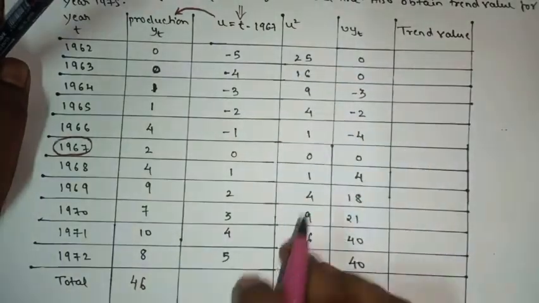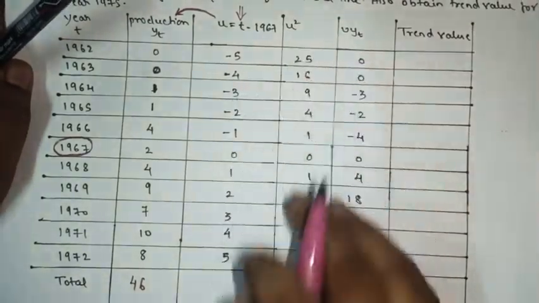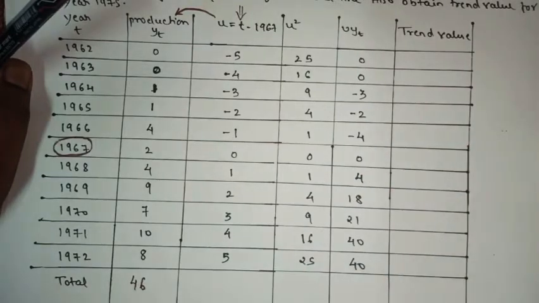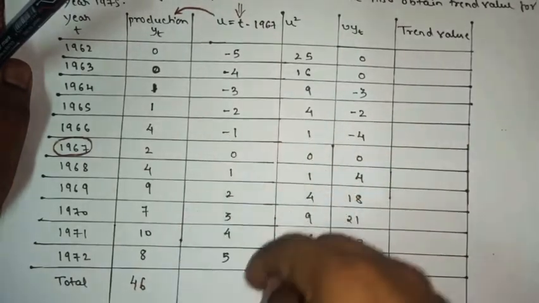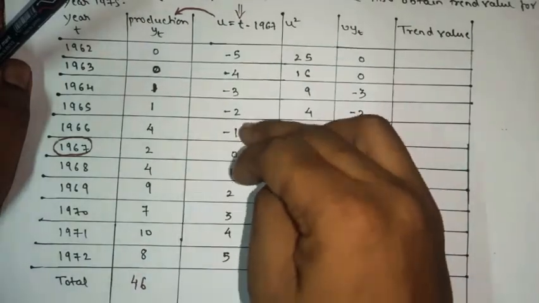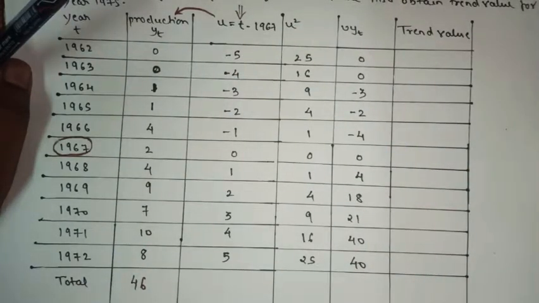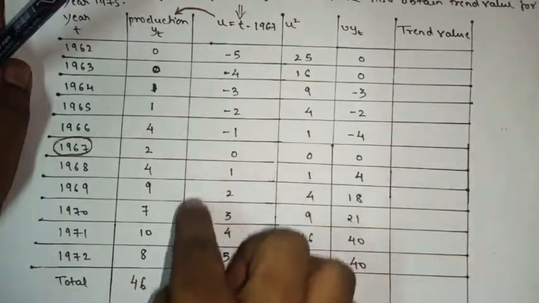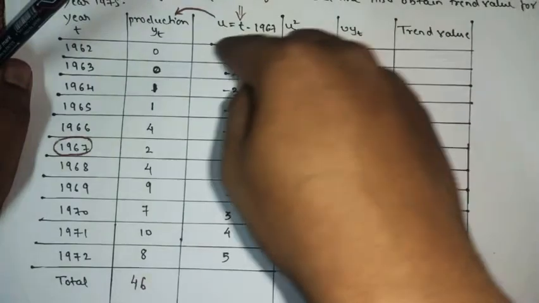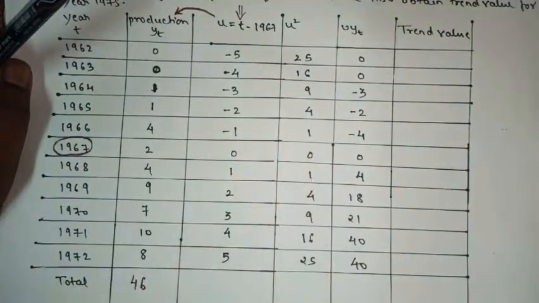Minus 5. Whenever in any column you see negative numbers and positive numbers, see to it that you first solve the positive numbers, and after getting the answer subtract the negative numbers, or else first solve all the positive numbers and keep aside, then all the negative numbers keep aside, and then solve together.